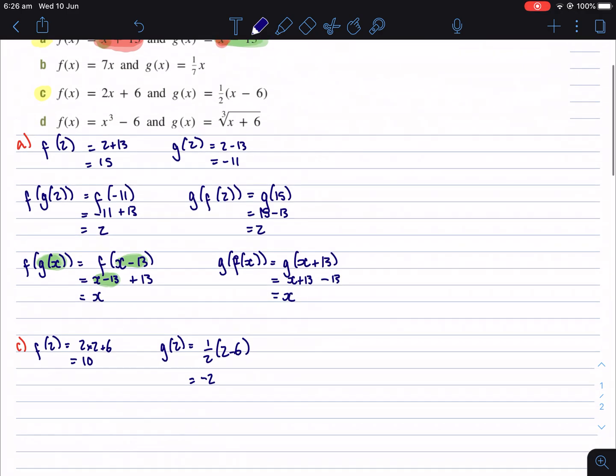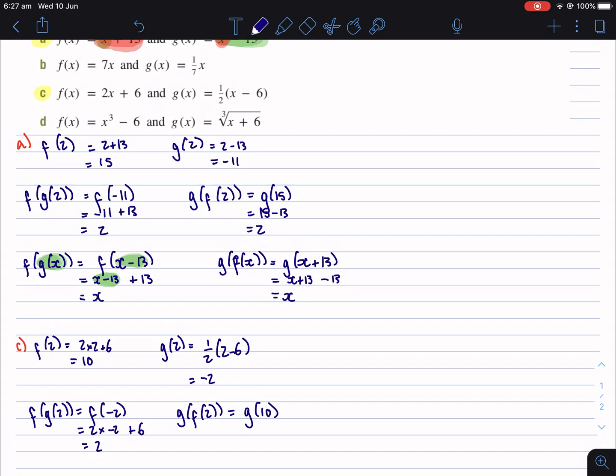Okay, now let's do f of g of 2. So instead of doing f of x, we're subbing in g of 2 was negative 2, which means we've got 2 times negative 2, because it's 2x, plus 6, which gives us negative 4 plus 6, which is 2.